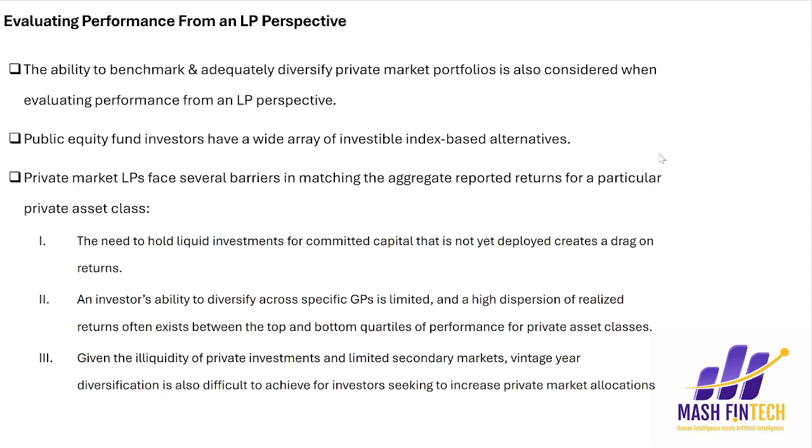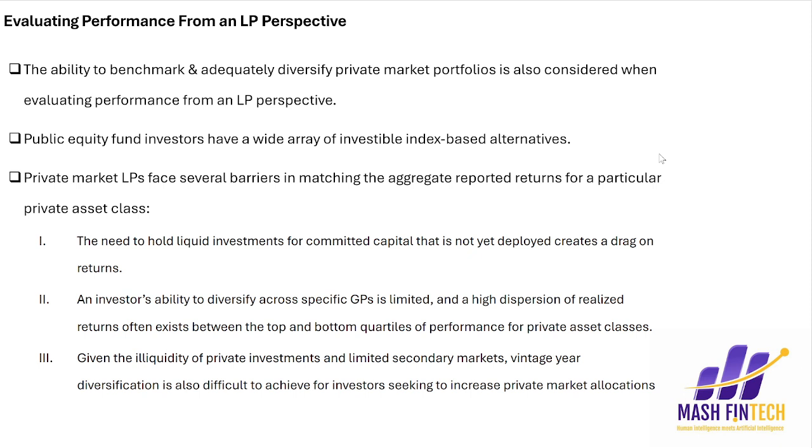And then an investor's ability to diversify across specific GPs: high dispersion of realized returns often exists between the top and bottom quartiles of performance for private asset classes. So it's very difficult to diversify in terms of general partners, and also because of illiquidity and limited secondary markets, vintage year diversification is also very difficult for limited partners.